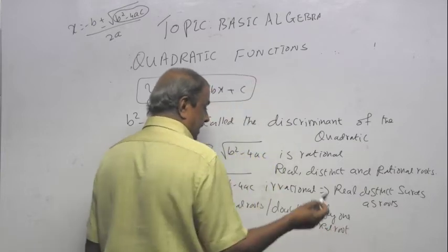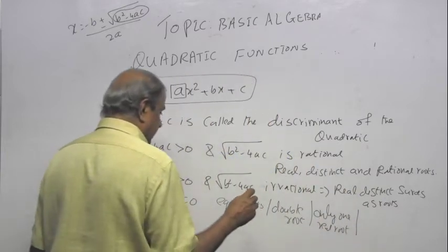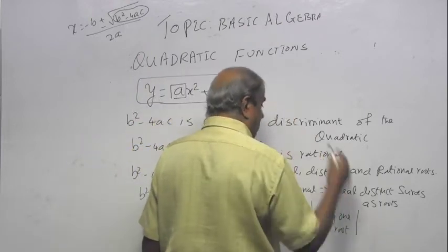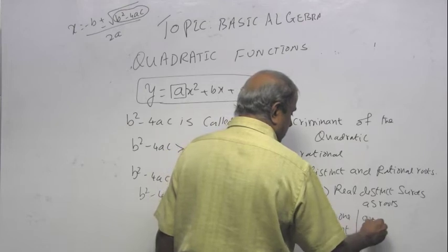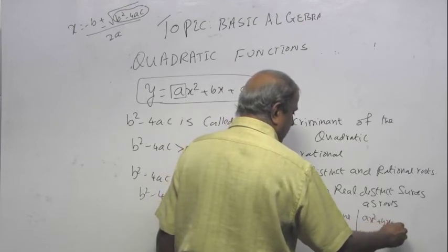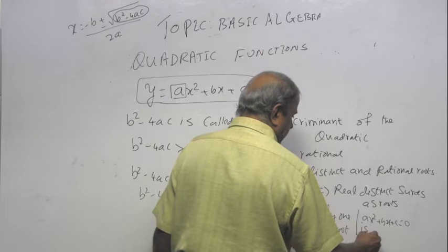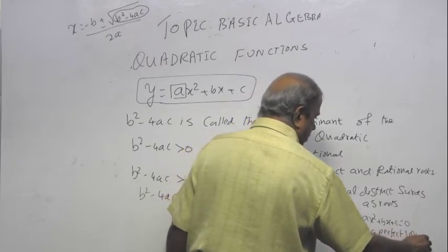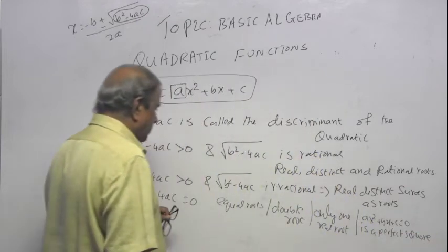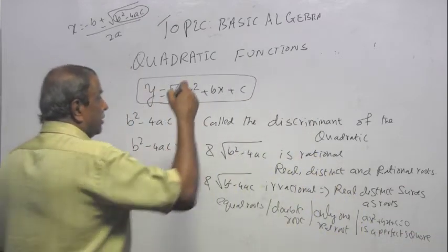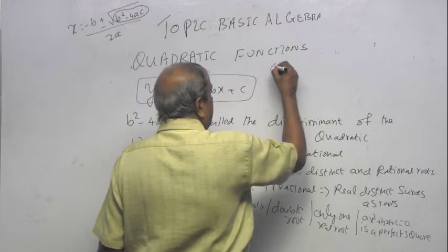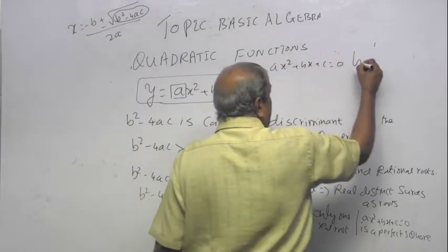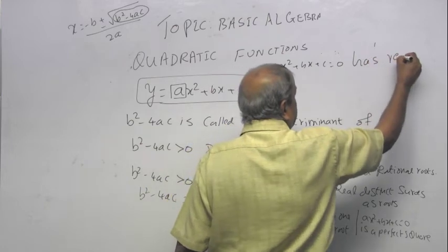For the quadratic again, everything is to do with the quadratic. Or what else do we call it? Perfect square. I mean ax squared plus bx plus c equal to 0 is a perfect square. For that, b squared minus 4ac must be 0. So therefore, ax squared plus bx plus c equal to 0 has real roots.